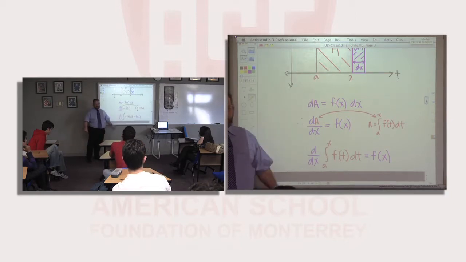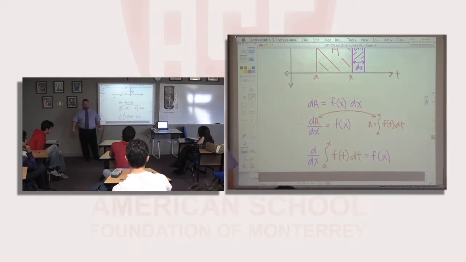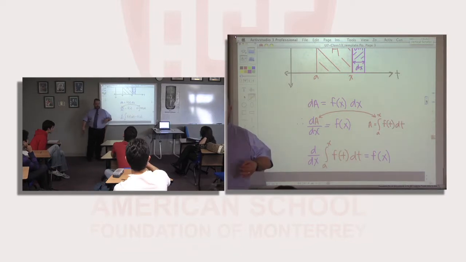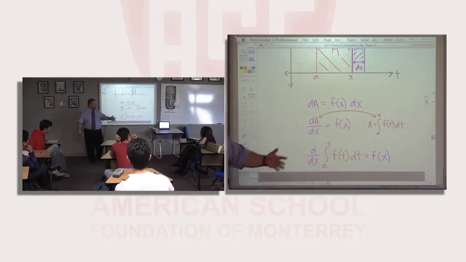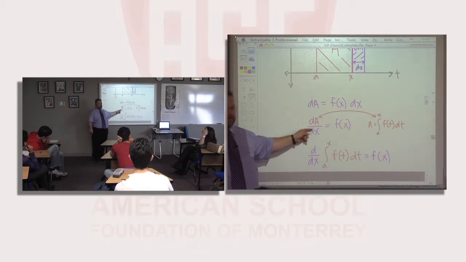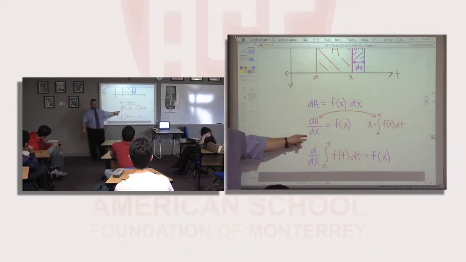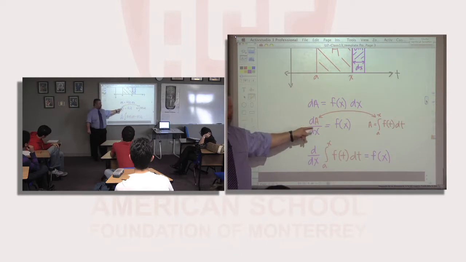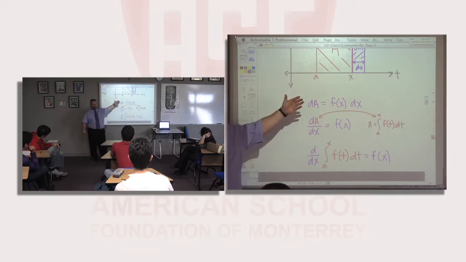What does dA/dx represent? The derivative of A. And the derivative of A tells me the rate at which, and A represents area. So this is the rate at which the area is changing, right? What does it equal? The function, f at x, which in this picture is the height of the curve.